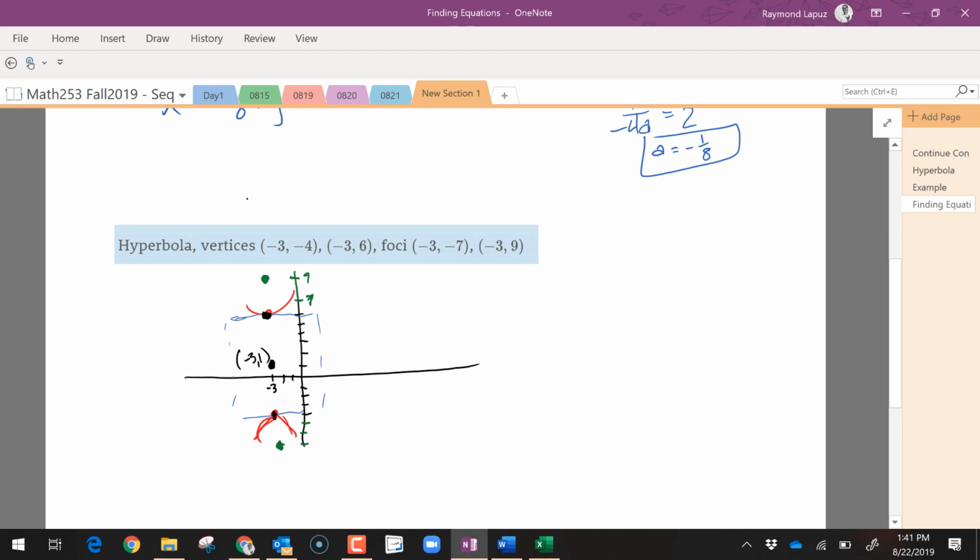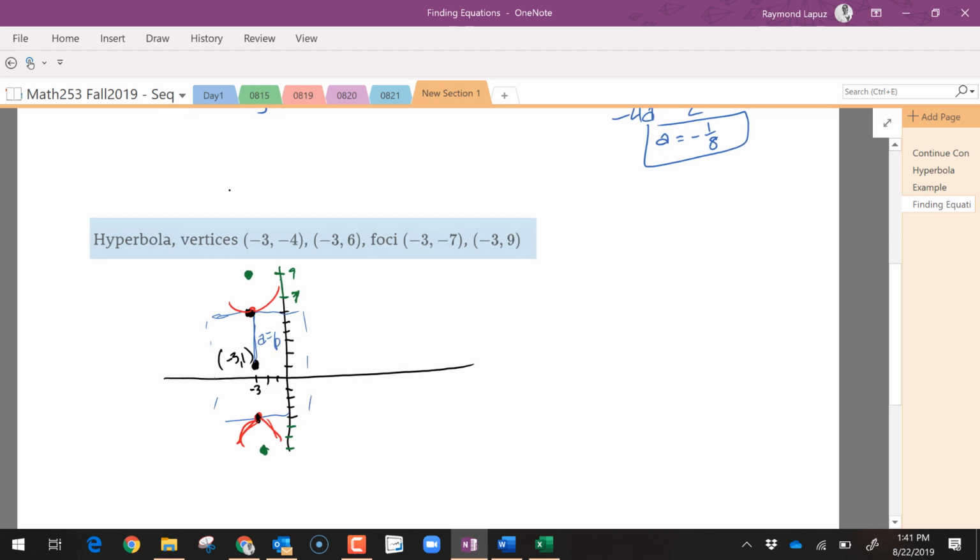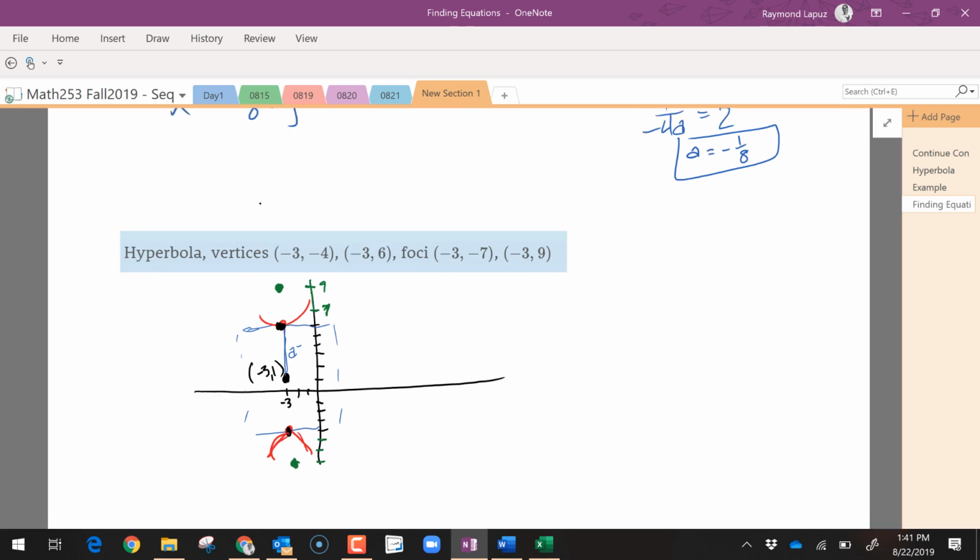So we can begin. We also know the distance from the center point to at least the top part. And that's going to be a b value. It's going to be the one under the y. It's the vertical distance.